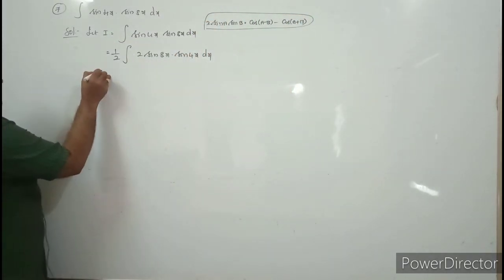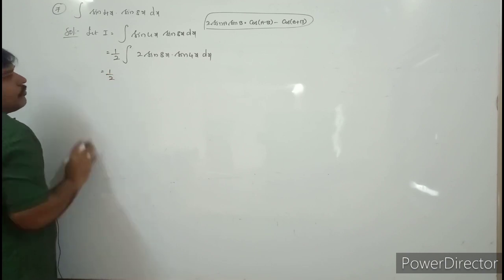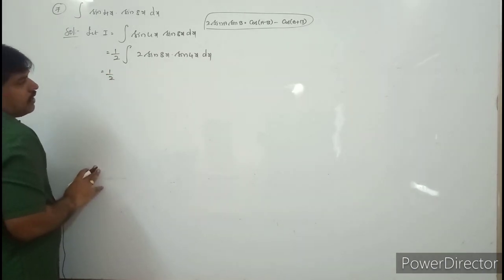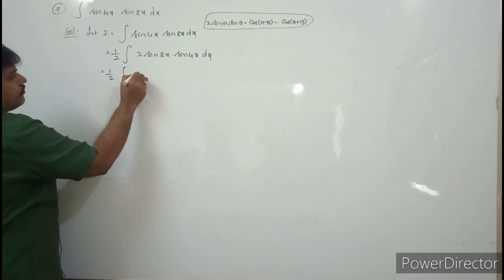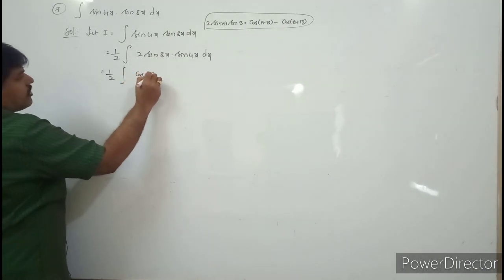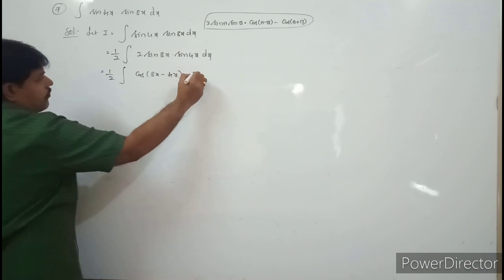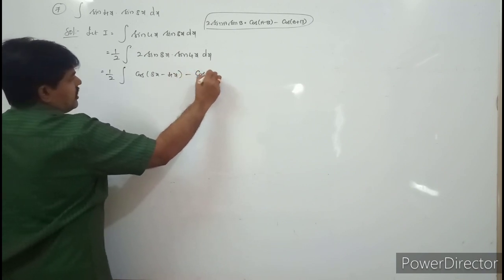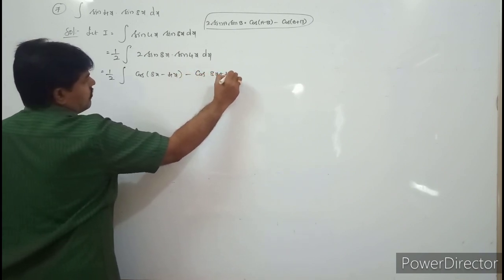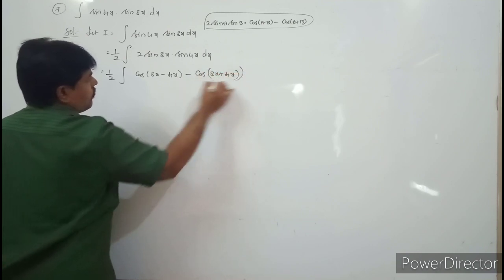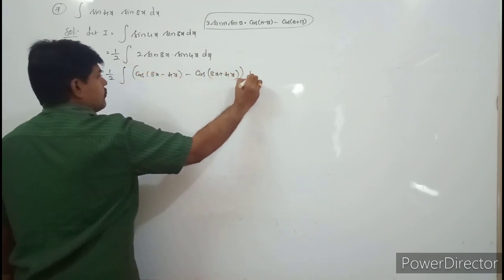So what we will get is equal to 1 by 2 into 2 sin A sin B, which is the integral of cos of A minus B, 8x minus 4x, minus cos of A plus B, that is 8x plus 4x, into dx.